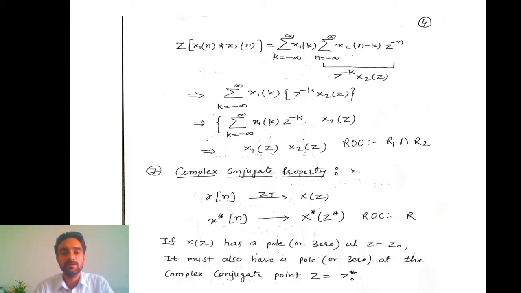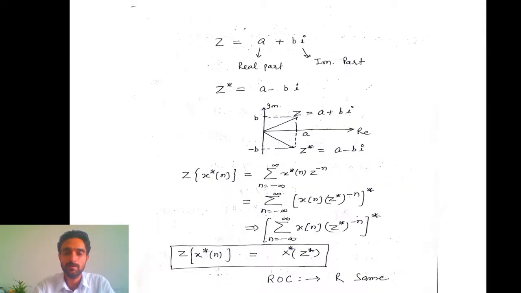If plus iota b is there, then the conjugate will be minus iota b. We can see in the example that if z equal to a plus iota b, then the conjugate of this z is equal to a minus iota b. The real term is the same, but there is a change in the sign of this b.